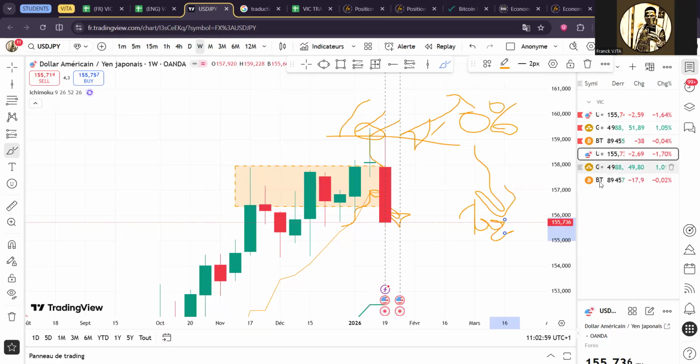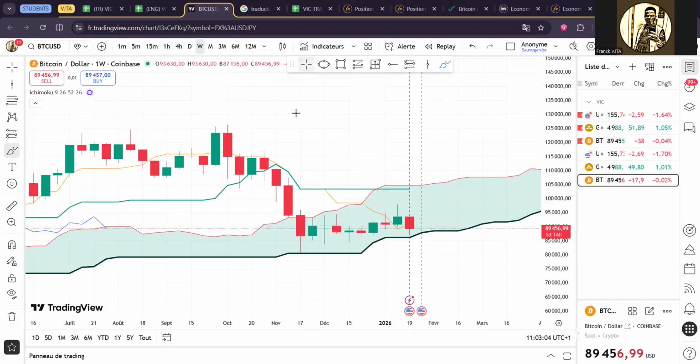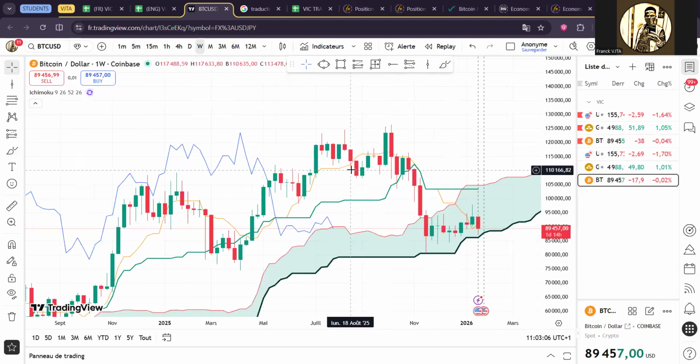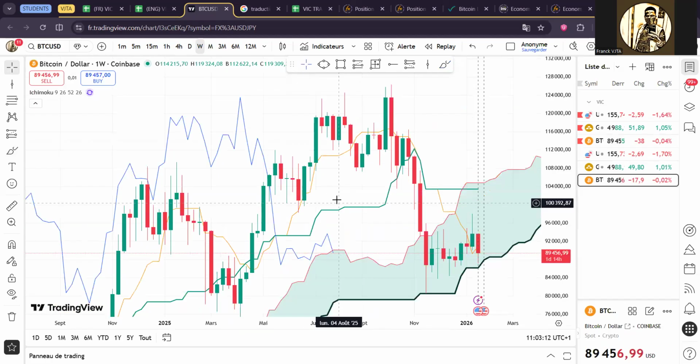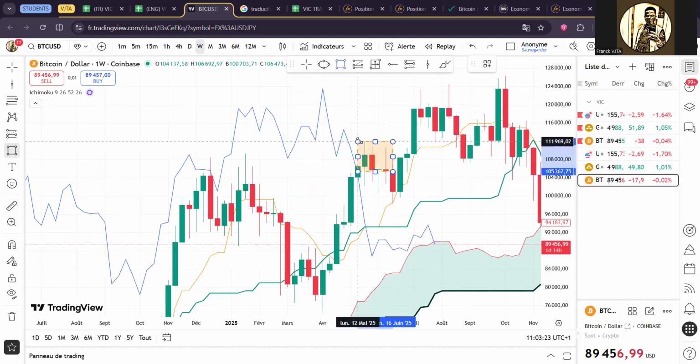Next, let me look at it also on BTC. It also happened on Bitcoin. I like to take the bottom of the wick on this whole V, the bottom of the wick like this.